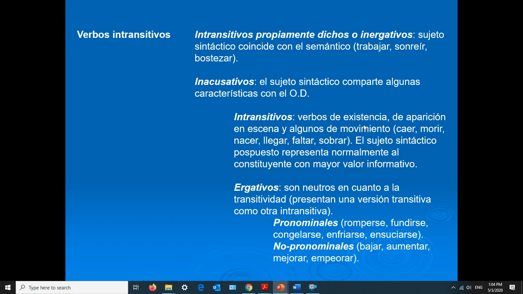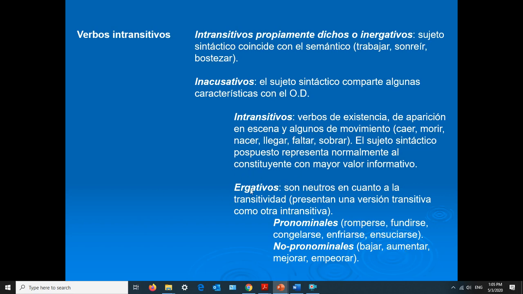It's not the verb, caer, morir, nacer, llegar, faltar, sobrar, that entails the most information, but rather the syntactic subject located post-verbally. We want to know what is missing, what we have a lot of, what has arrived, what has been born, what has fallen, what has died. And verbs such as romperse, fundirse, congelarse, bajar, aumentar, mejorar, that are called ergativos.